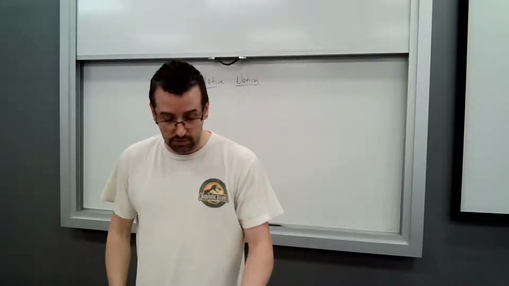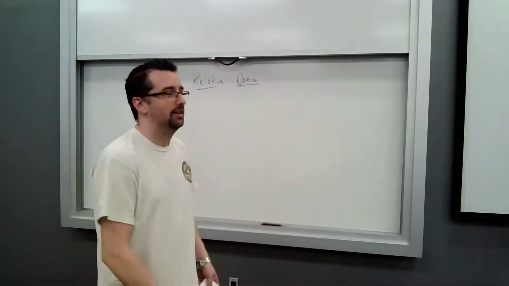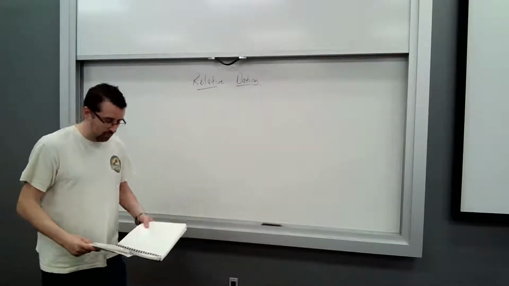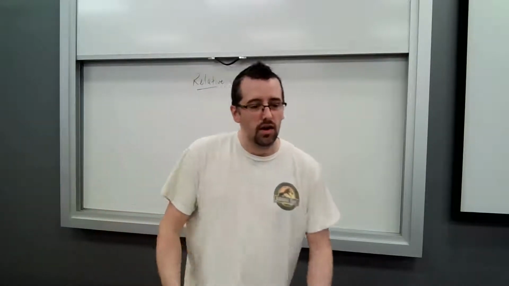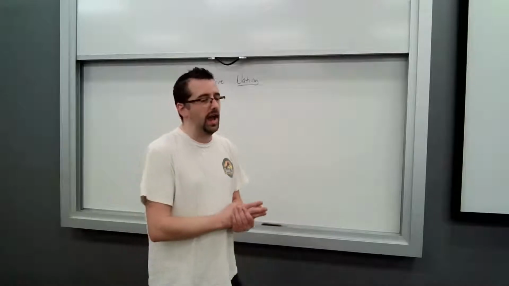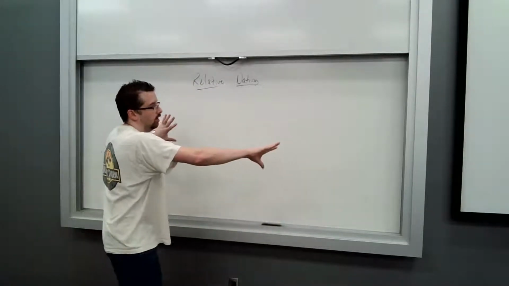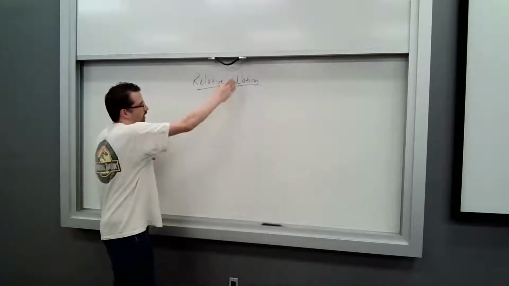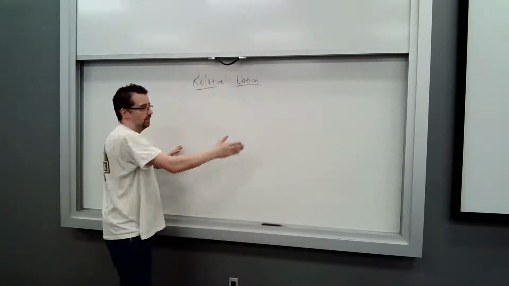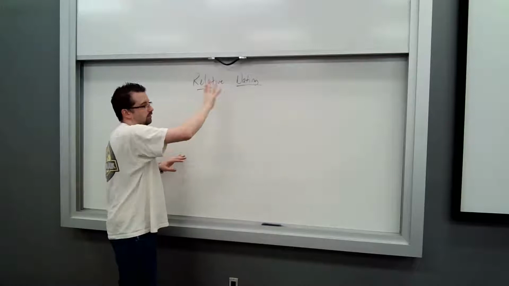I'm not going to make the Alabama joke again. So relative dating is where, for a few weeks, I had you coming in and I had a cross section of a cutout of land, right?